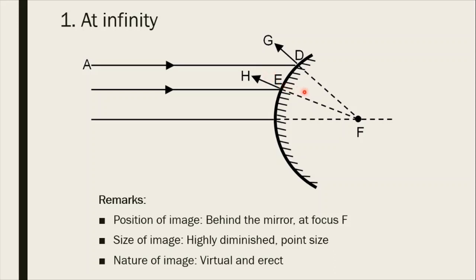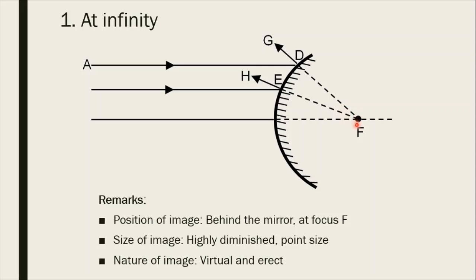But when we extend both these rays backwards, as you can see in these dotted or dashed lines, the rays appear to meet at the principal focus of the mirror, which is behind the mirror. Thus we see that the position of the image formed is behind the mirror and at the intersection of these two reflected rays, which is at the focus.